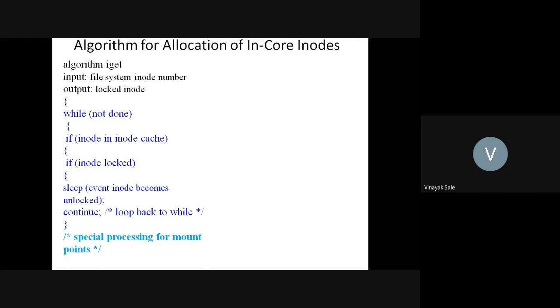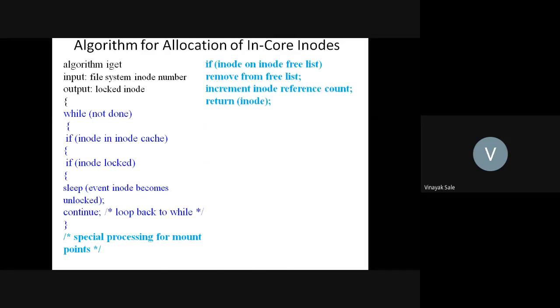If it is busy, the process goes to sleep until the inode becomes free. If the inode is free on the free list, remove it from the free list, increment the inode reference count, and return the inode.